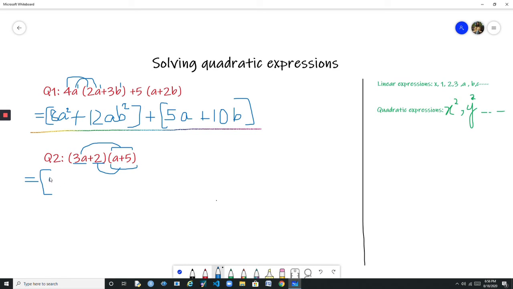So let's do it. 3a into (a plus 5), square bracket close, plus 2 into (a plus 5), square bracket close.